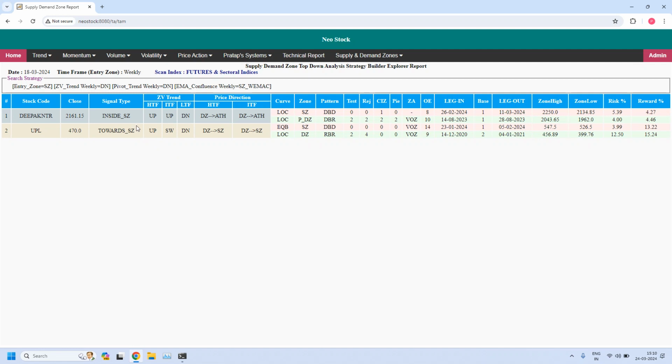If they are not available, you cannot plan the trade. Okay, this is about filtering the stocks based on EMA confluence. At the same time, we ensured the stocks are trending, not ranging, because in ranging you should not use EMA confluence.